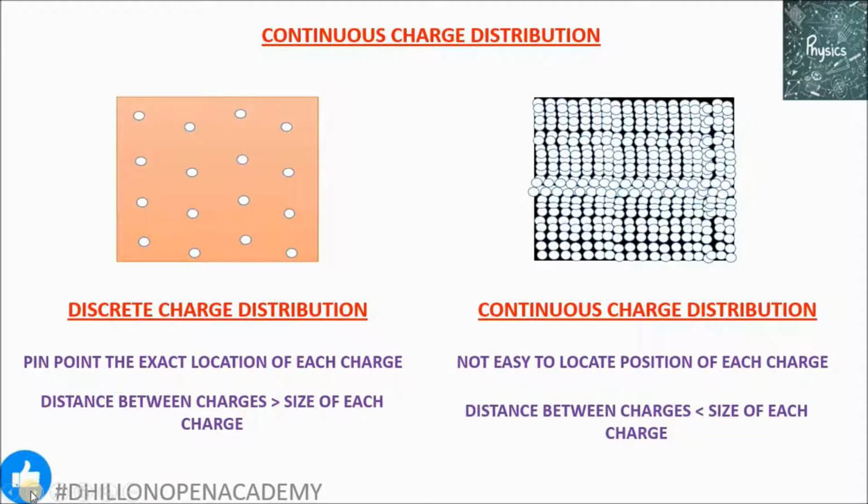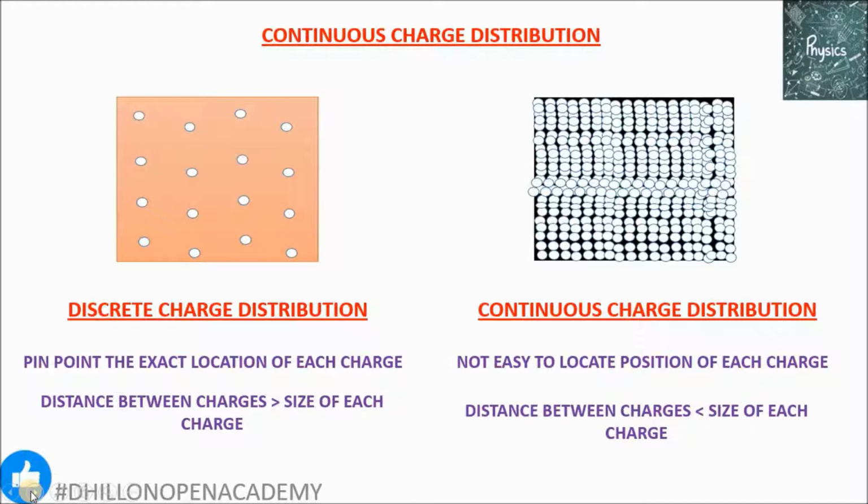Whereas in a discrete charge distribution, the actual surface area occupied by the point charges is negligible compared to the total surface area available to them, in a continuous charge distribution the charges almost occupy the entire surface area available for their resting.